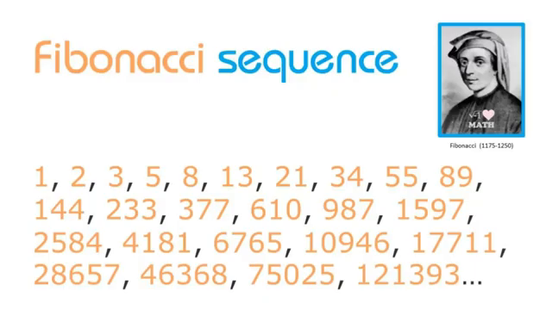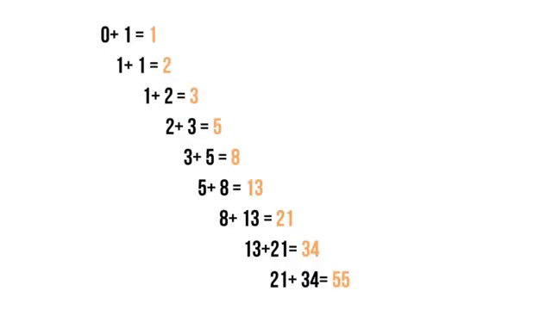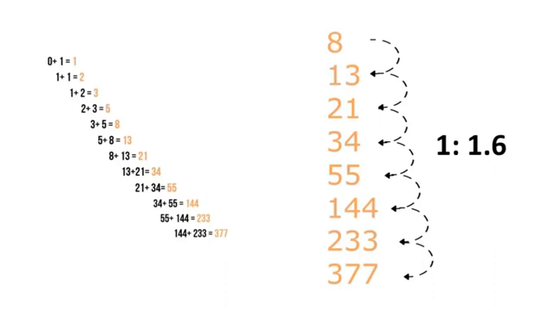The Fibonacci sequence, the mathematical sequence of adding the last two numbers that came before, starting with 1. As the sequence continues, a constant ratio of 1 to 1.6 appears.